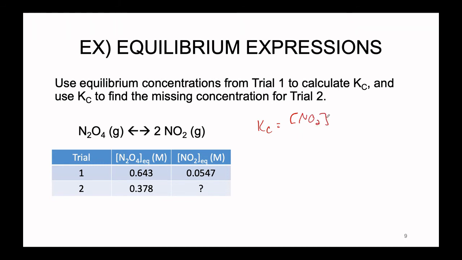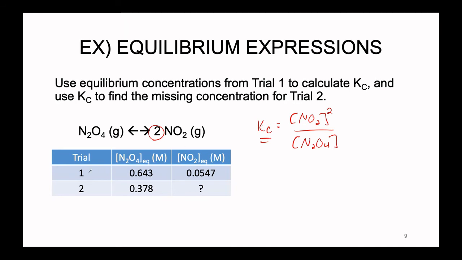The concentration of our product, NO2, up top, is squared, this stoichiometric coefficient being raised into the exponent, and the concentration of our reactant, the N2O4, is going to be in the denominator here, right? The ratio of products to reactants at equilibrium will be constant for this reaction, following the graph that we had already witnessed where the concentration sort of leveled out.